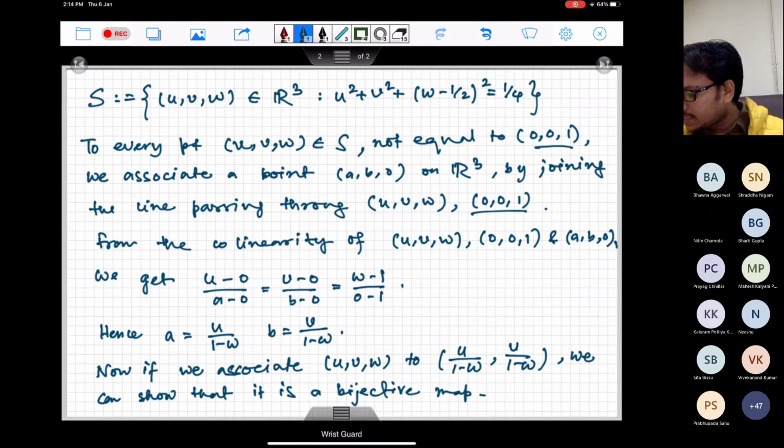So how do I see that this association is bijective? Whenever I start with two different points on the sphere, I am going to get two different complex numbers, or two different pairs of real numbers. And if I am given a pair of real numbers, I will always be able to find one point on the sphere which corresponds to this particular point.